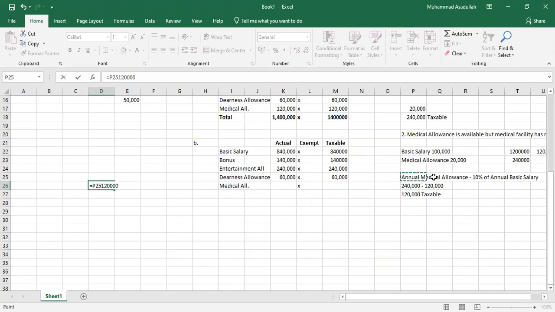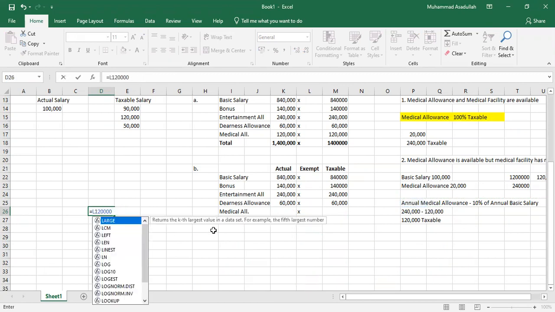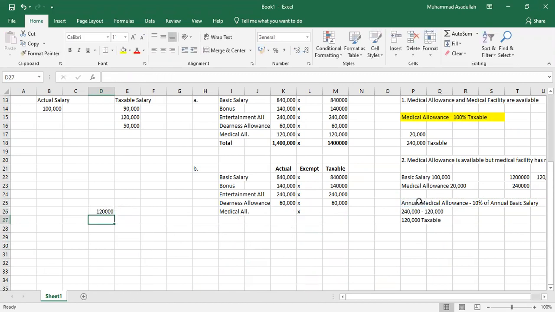When the medical facility is not available, we put the formula: annual medical allowance minus 10% of annual basic salary.